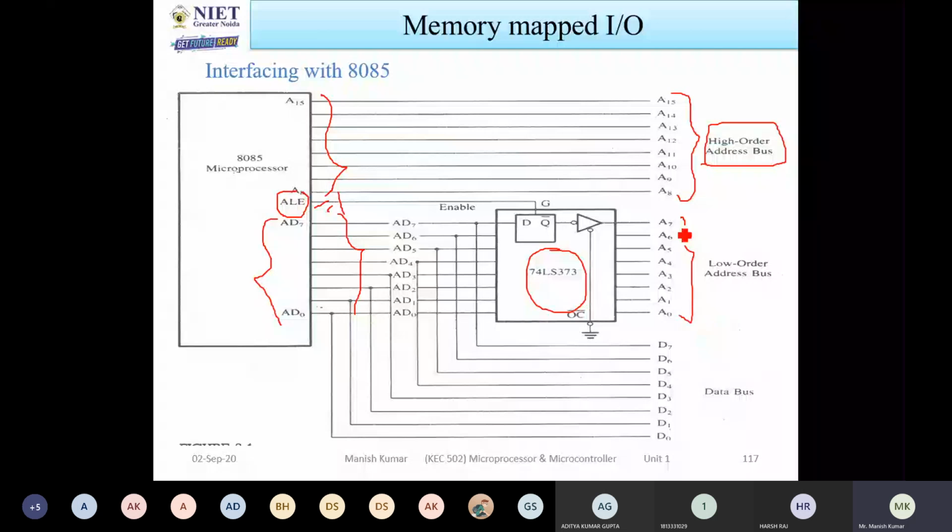When ALE equals 0, whatever is available on the AD0 to AD7 pins behaves as data and is denoted as D0 to D7. So whenever we want to interface any devices, you have to select the A0 to A15 address. This is the basic concept behind that.